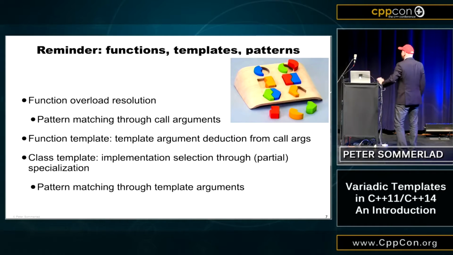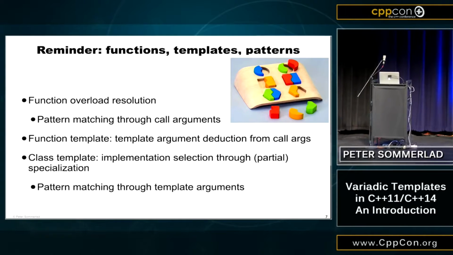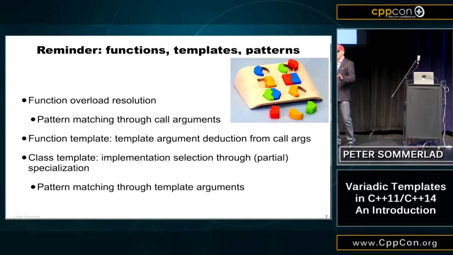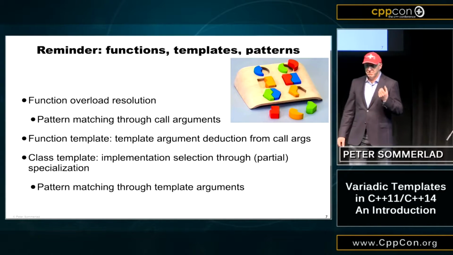Very, very few. So the key about templates and function templates is we have functions in C++, we have overload resolution, which is a very tricky part. And if you want to see what we do to get better overload resolution visualization, come tomorrow morning to my demo. And the key is we have pattern matching.